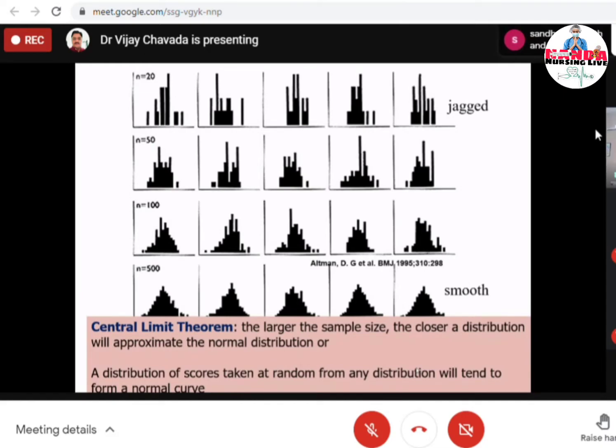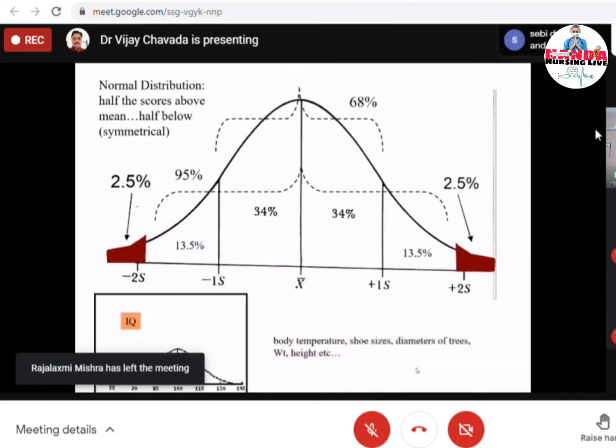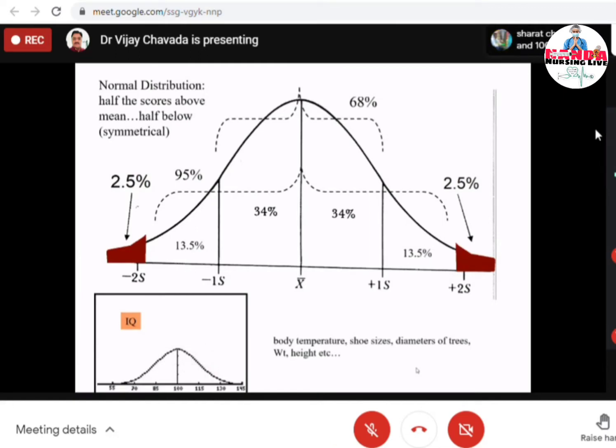We should also understand that descriptive statistics involves the central limit theorem, that the larger the sample, the closer the distribution. Similarly, with a normal distribution, you are all aware that any given data sample of more than 30 will follow the central limit theorem.